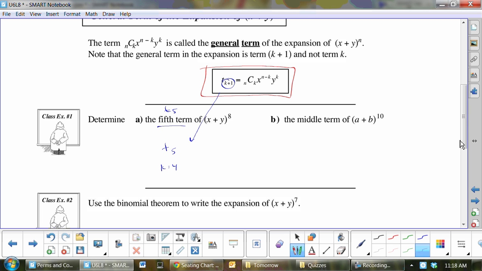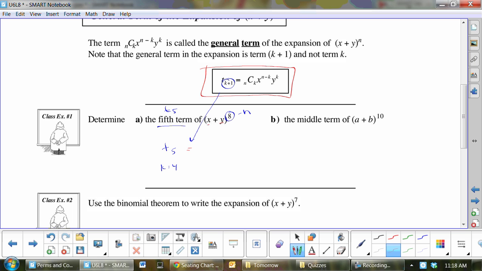Now, this number here always is your n. The first term is always going to be your x, the second one your y. So this one is kind of lame because that is x and y.